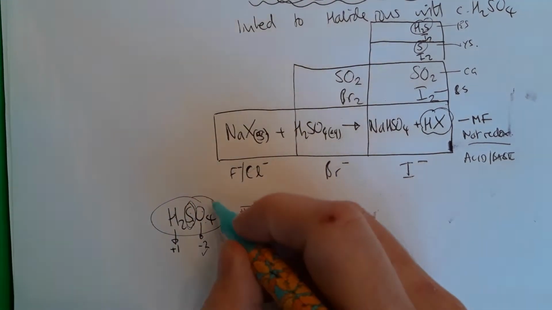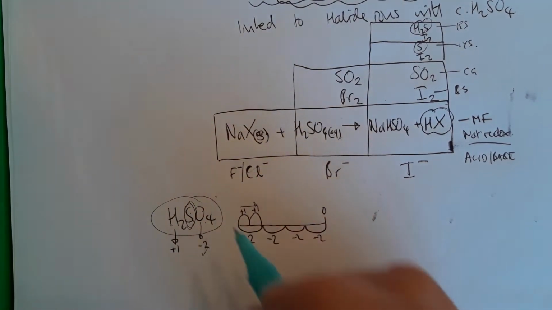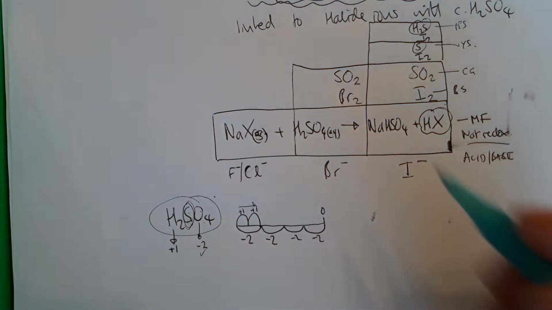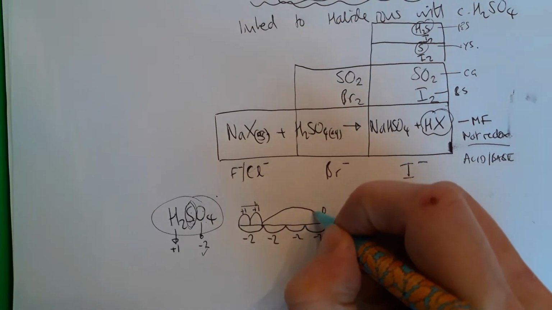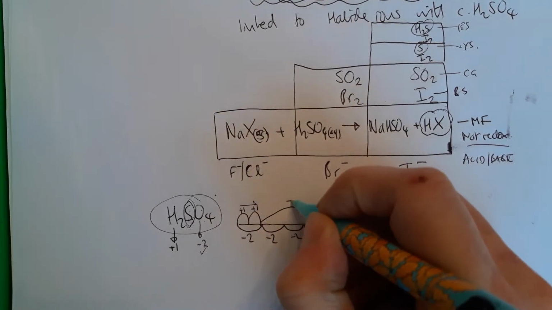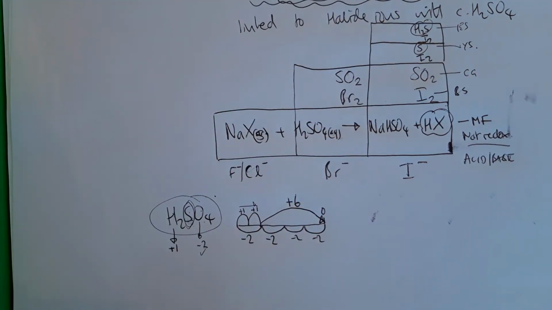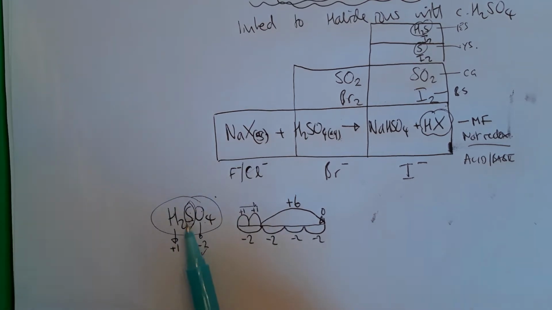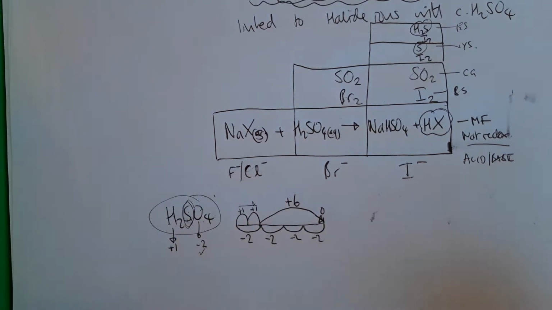Overall, this compound does not have any charge, so the oxidation state on the sulfur must be this difference, which is +6. Each oxygen is -2, which takes you to -8. Then you've got +2, which takes you back to -6. So sulfur must be +6 to give you an overall charge of 0.